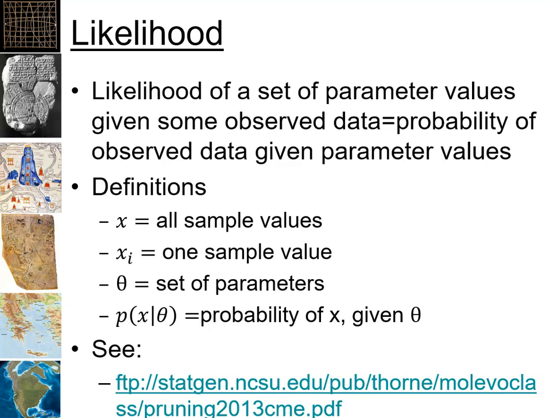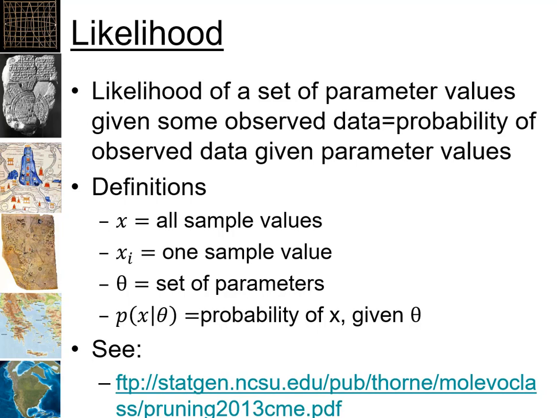Okay, so to develop AIC, we need to first talk about likelihood. Likelihood is how likely a set of parameter values is given some data, or how likely our model is to fit that data.